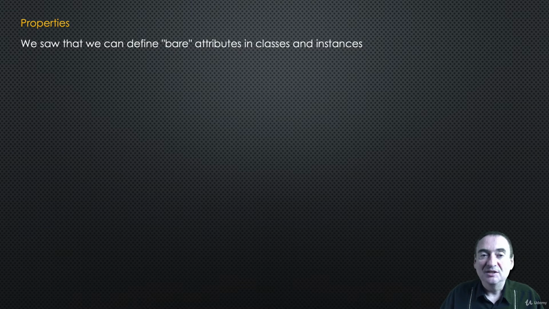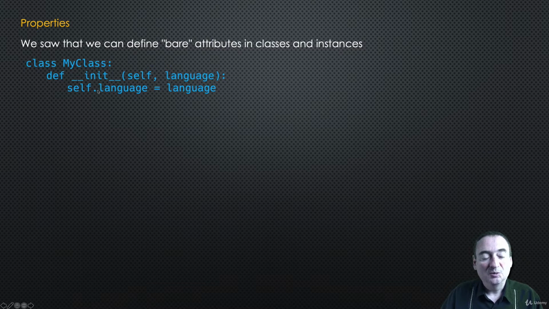So we saw that we can define what I would call bare attributes in classes and instances. For example, we have this self.language in our init over here, where we're creating an instance attribute, and it's directly accessible from our code. So if we create this object to be an instance of my class, then we can access the value for language by just saying object.language.